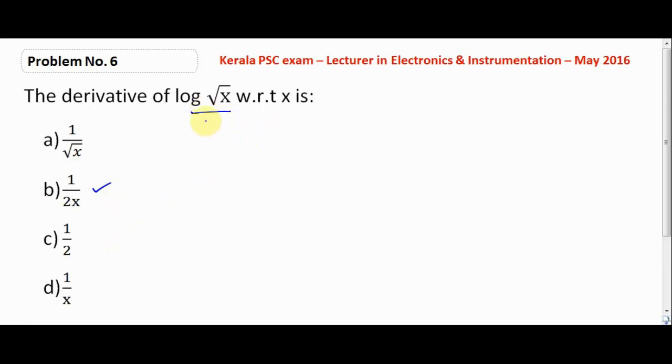You can see that this function is in the form f of g of x. The outside function f is the logarithmic function, and the inside function g is root x. As per chain rule, the derivative of this function will be f dash of g of x into g dash of x.